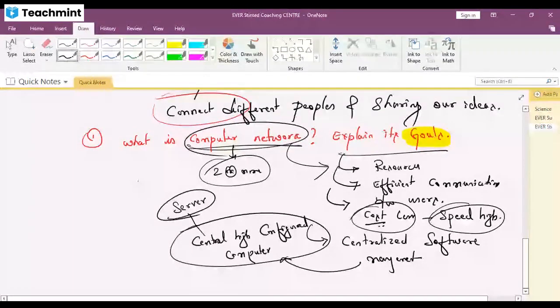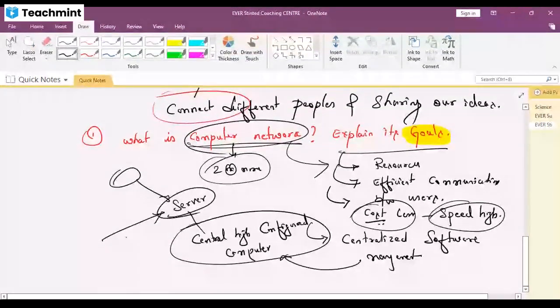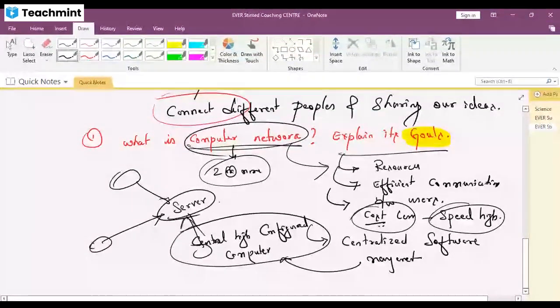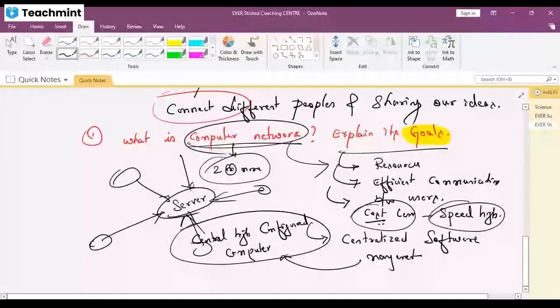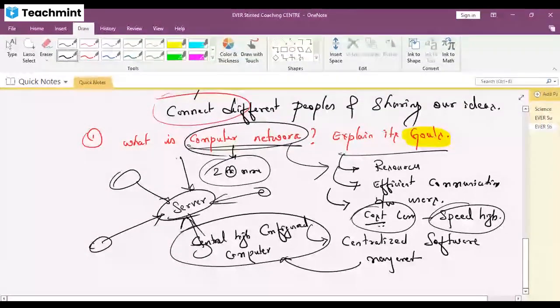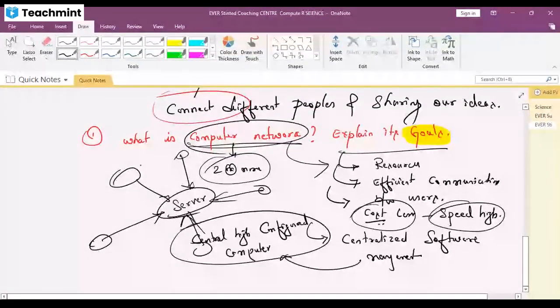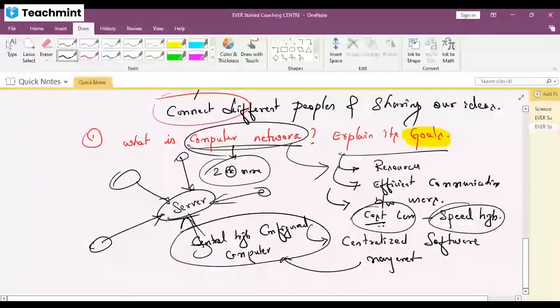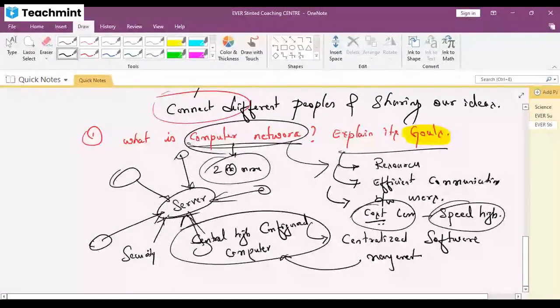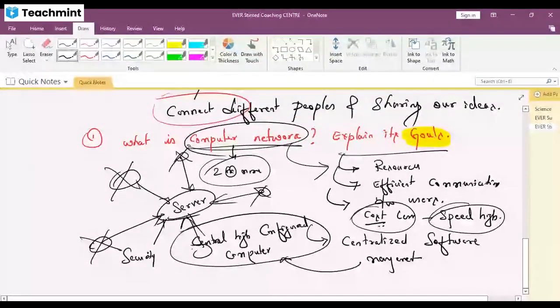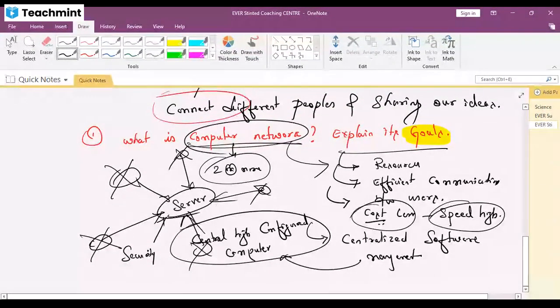Example, if this is a server, as you can see, whatever data all these systems process is going to be stored in this central unit. So all the processed data will be stored here so that we can maintain security. No one can lose any data. All the data will be stored in one server. This one server operates between all the systems.